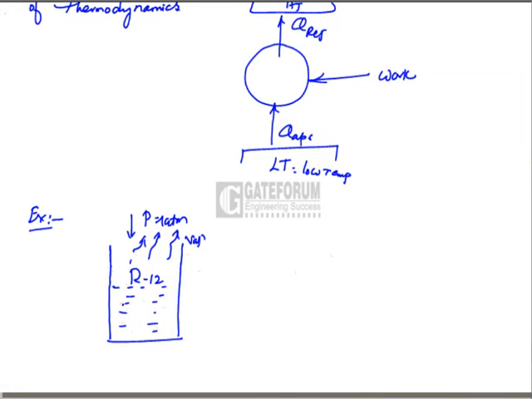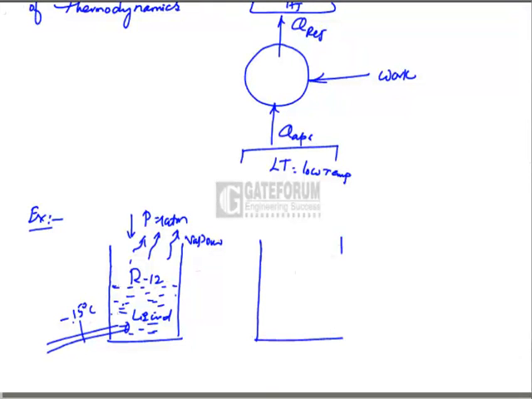They get converted into the vapor. This is liquid. If you keep a thermometer inside that, the thermometer will be recording, say, minus 15 degrees centigrade, the saturation temperature of R12 at 1 atmospheric pressure.